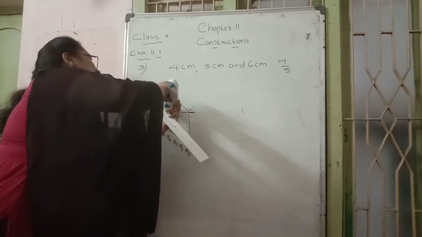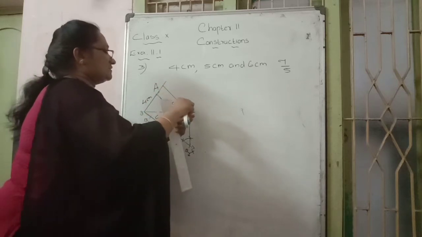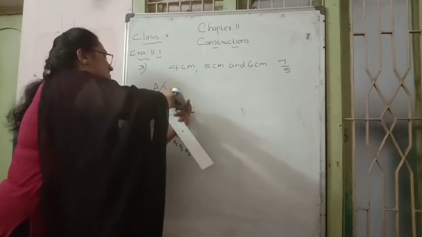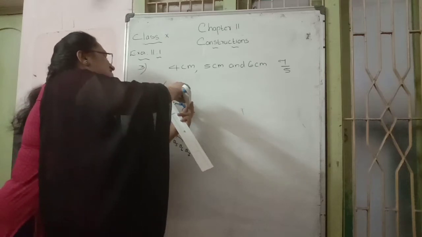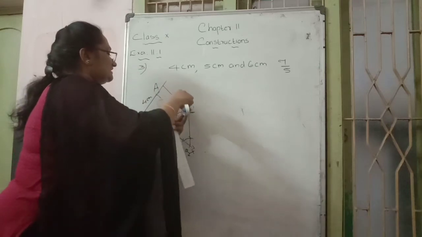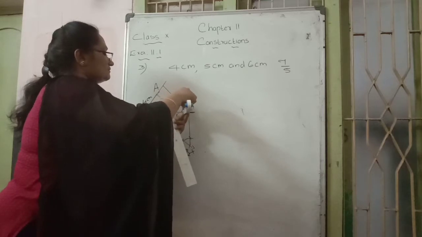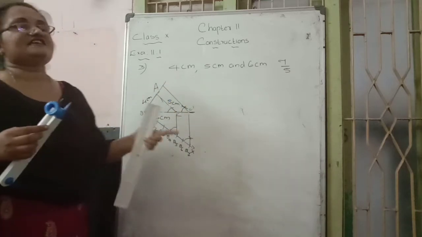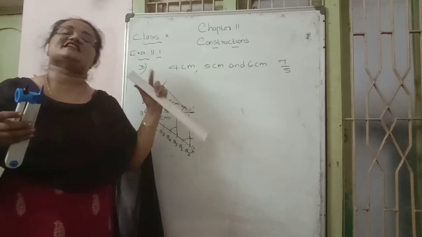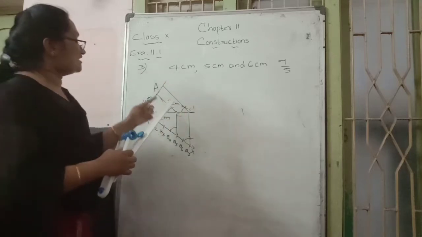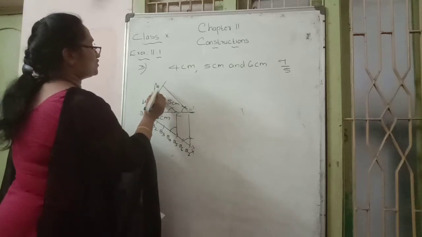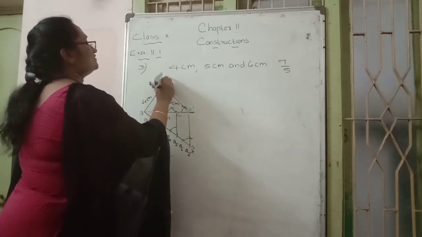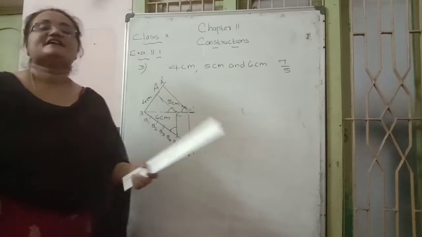Same arc with C dash as center. The two arcs' intersecting point, adjust your scale and draw the parallel line for AC. The cutting point here we consider as A dash.